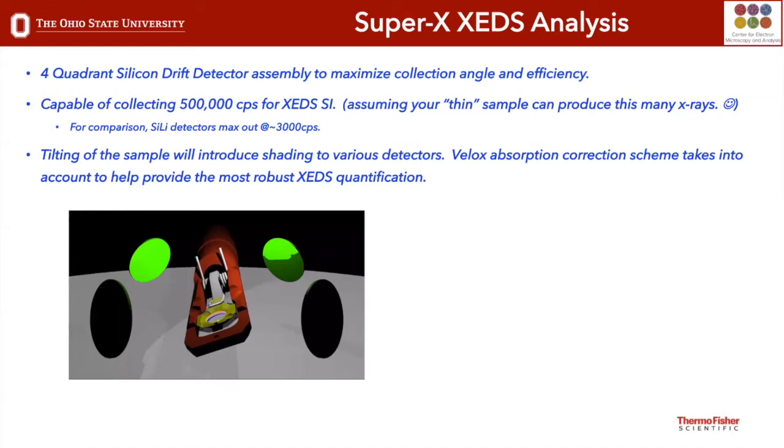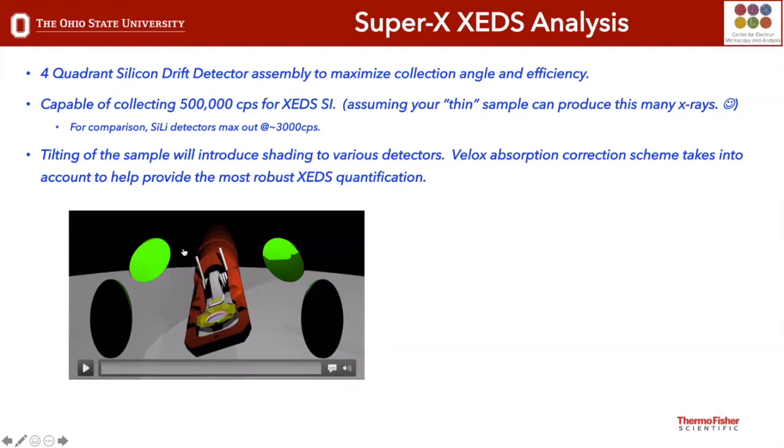So if you have a sample that can produce 500,000 counts per second, which, with a typically thin sample in the TEM, you aren't going to produce because your sample's too thin. You don't have enough volume to excite enough X-rays. But what you have with these detectors is an extremely high efficiency and collection angle.